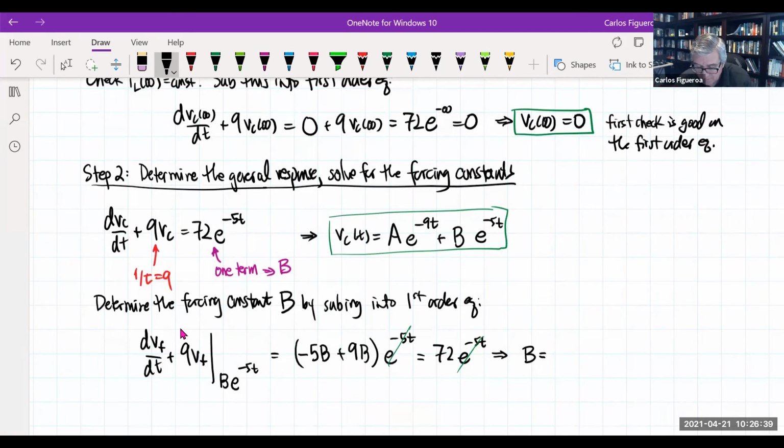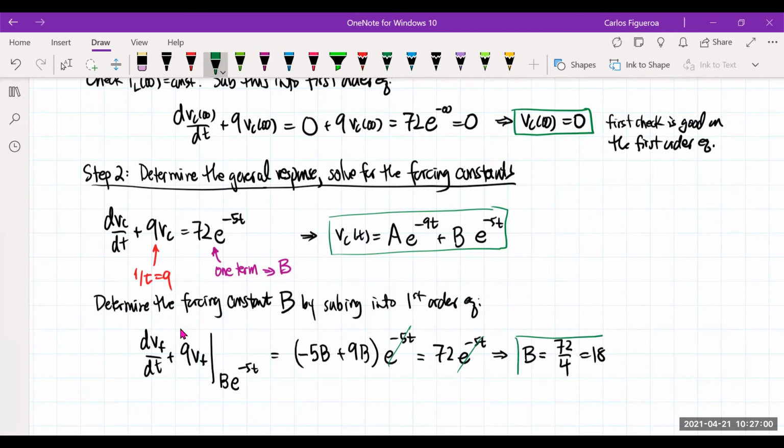Let's see. What is that? 72 divided by 4. I believe that's 18. Right? Yeah, it's 18. So I now have my forcing constant.